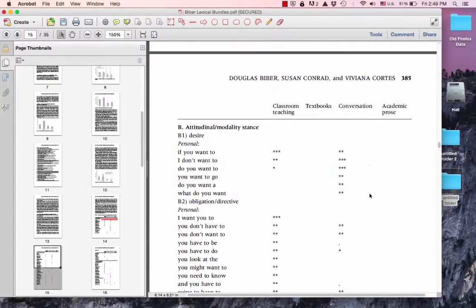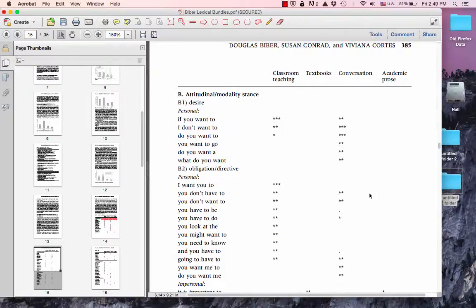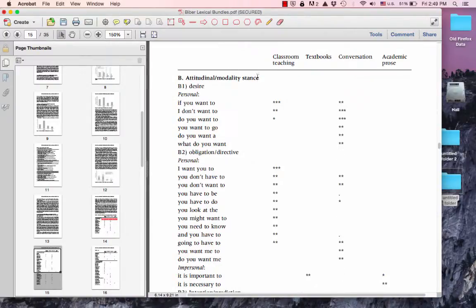Okay, so then they make a further taxonomy into attitudinal and modality. They talk about desire, personal desire: "if you want to," "I don't want to," "do you wanna." It's actually "do you want to," but when we're going at a normal rate of conversational speed, we reduce the phonology.